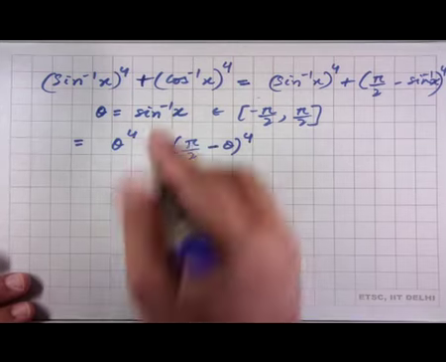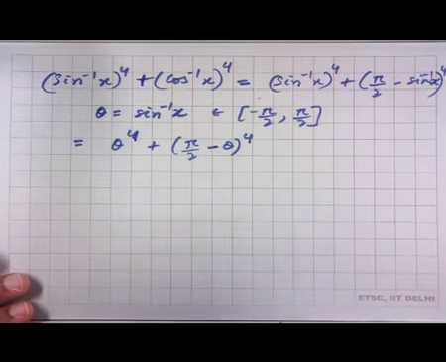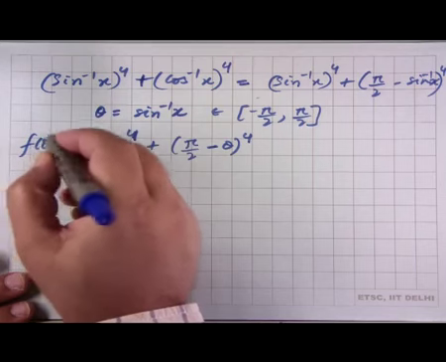So what we are asked to do is to find the largest and the smallest values. So let me say that this is f of theta.